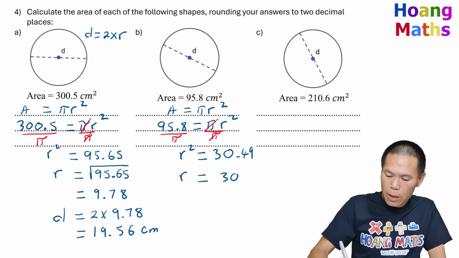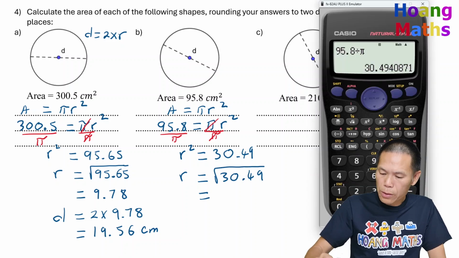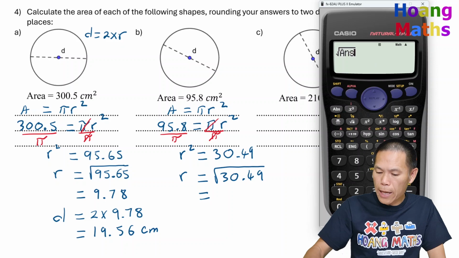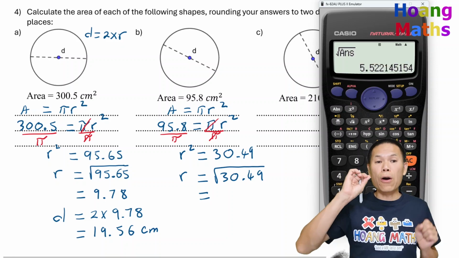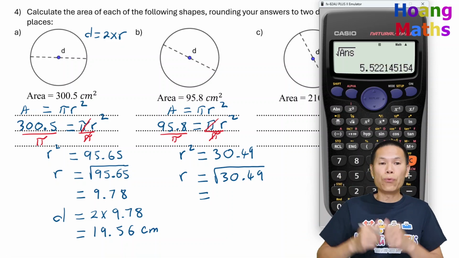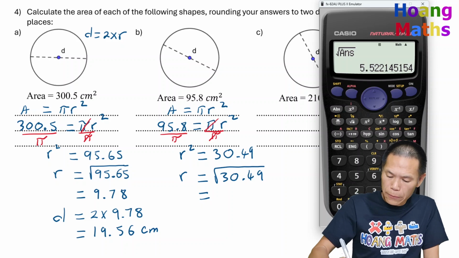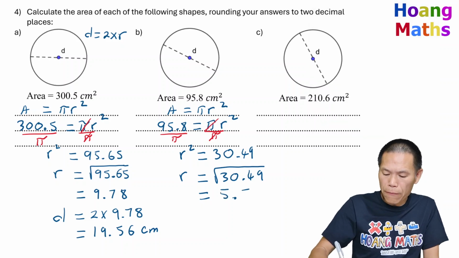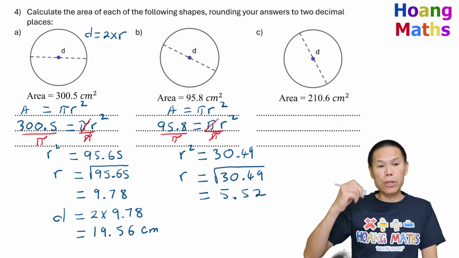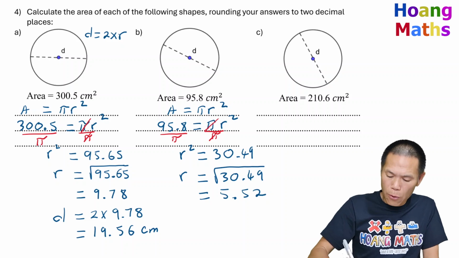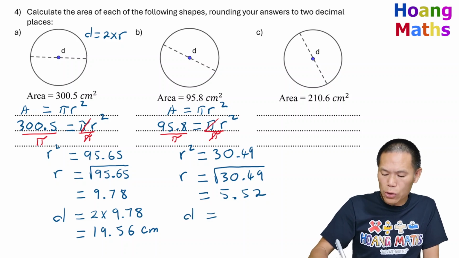So 30.49, we square root of that. So that is square root, answer. So there you go, 5.52 for now, okay? So 5.52. And we need to work out the diameter. So therefore, diameter is 2 times the radius, 5.52.